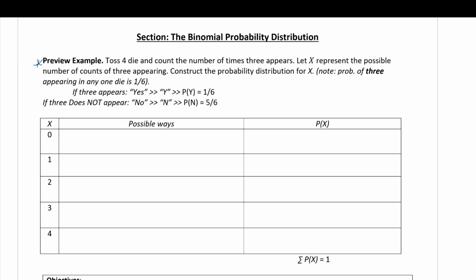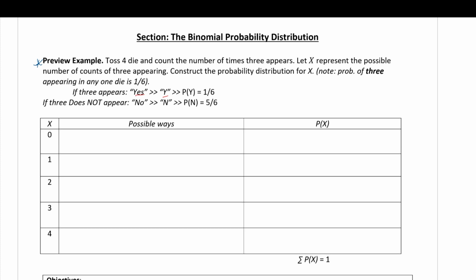Note the probability of a 3 appearing on any one of the dice is 1 out of 6, because there's only one 3 out of 6 sides. If a 3 appears, we say yes, and we'll give that the letter y, and the probability that yes, a 3 appears is 1 in 6.